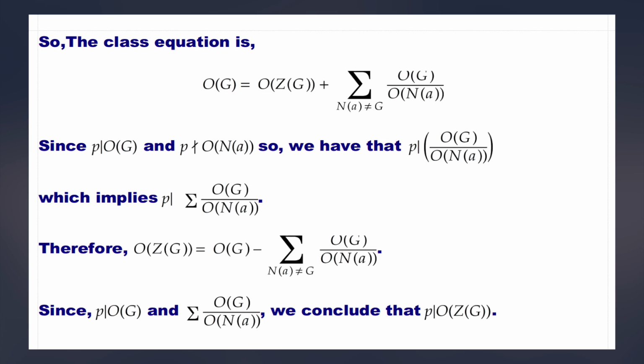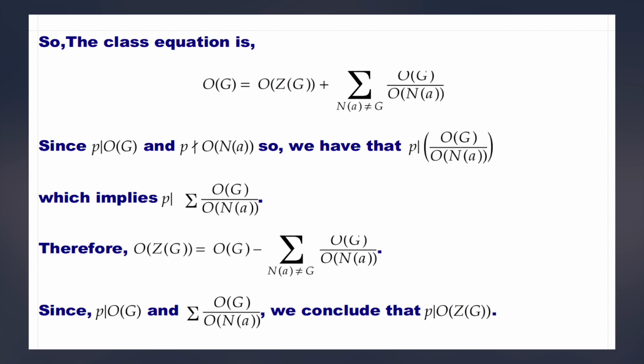Since p divides the order of G and p does not divide the order of the normalizer of a, we have that p divides the order of G divided by the order of the normalizer of a, which implies p divides the summation of the order of G divided by the order of the normalizer of a.